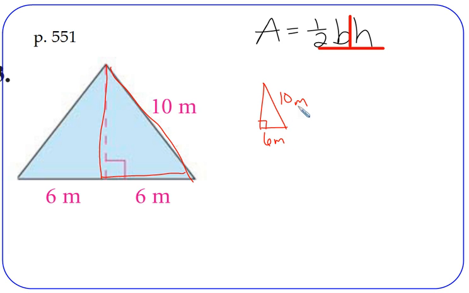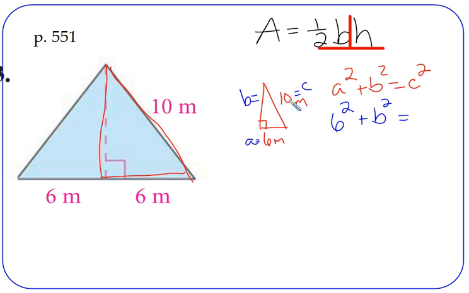I know two sides of a right triangle, so I can use the Pythagorean theorem. Our legs are A and B. So we'll say this is A, I don't know B, and we'll call this C. So A is 6, so we'll say that's 6 squared plus B squared, and C is 10, so that'd be 10 squared. 36 plus B squared equals 100.